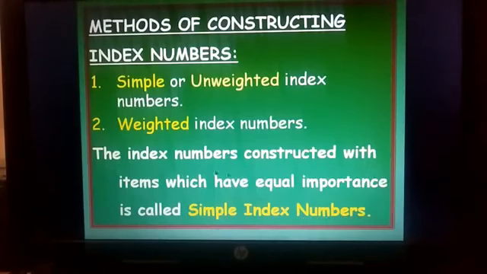Either it will be called a simple index number or an unweighted index number. Then what is meant by weighted index numbers? Instead of equal importance, here we write relative importance, however much importance is required to be given to those items. If you are giving different importance to different items, then it will be called weighted index numbers, just because different weights are applied to different commodities.